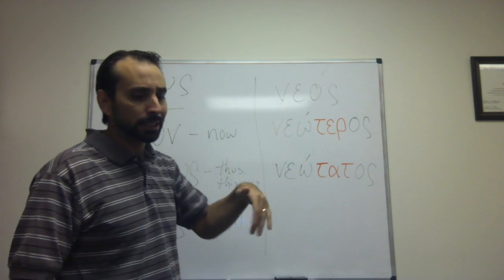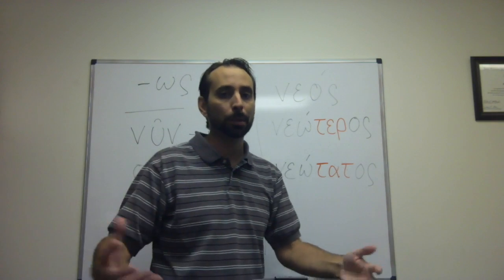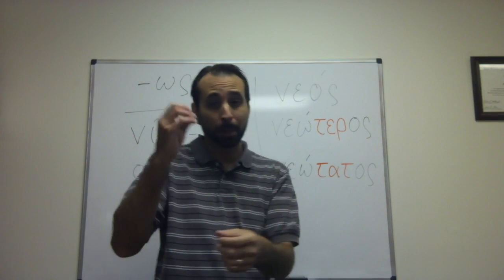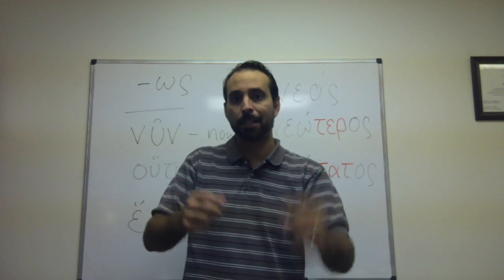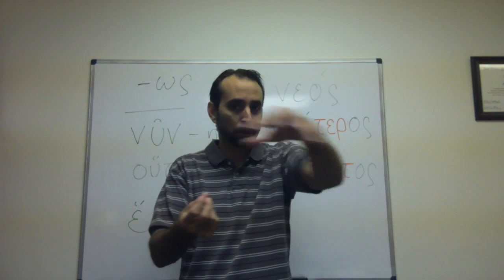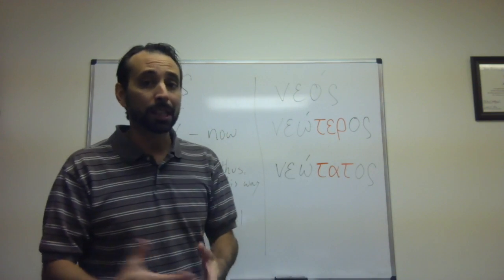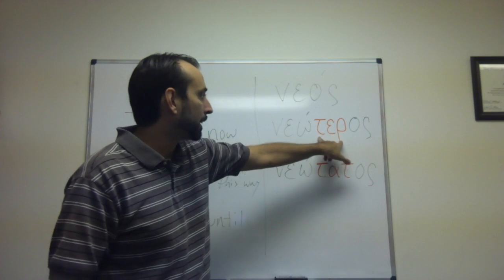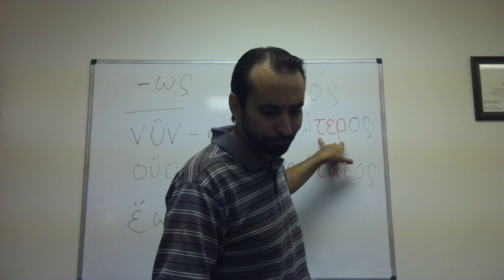But if I wanted to say something is newer or something is the newest out of a group, that's a comparison idea. I'm comparing one thing to another. It's that item is newer than that item, or that item is newest amongst all the items, plural. There's a bunch more than just 2. Then one of the regular ways I can do that in Greek is by adding this little, you might say, a suffix.